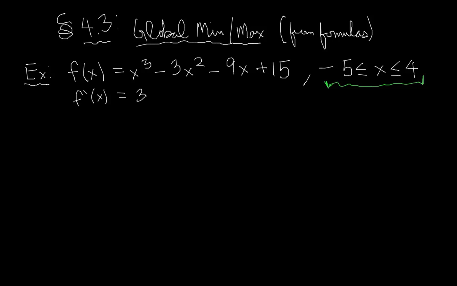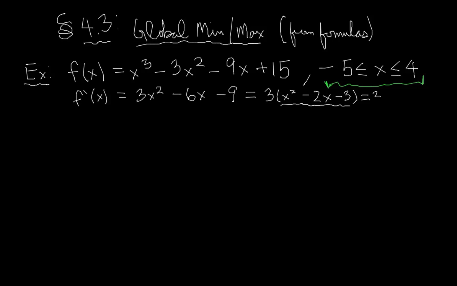We get 3x squared minus 6x minus 9. Let's factor that right now, because to find critical points we're going to set this equal to 0. Pull out the 3, leaving x squared minus 2x minus 3.